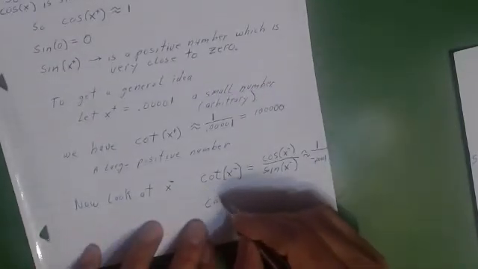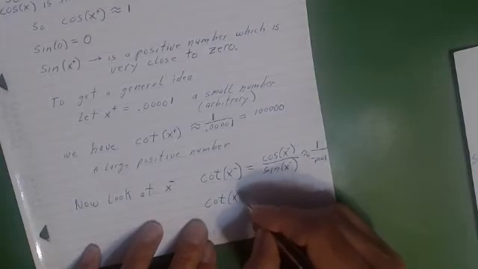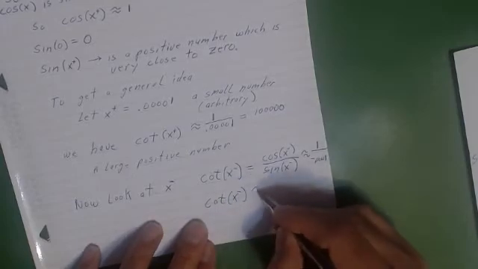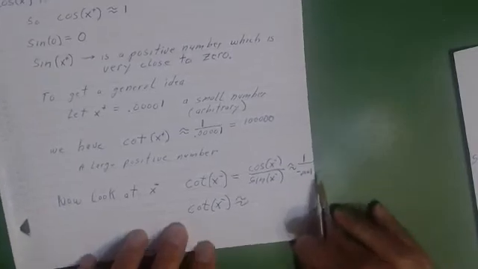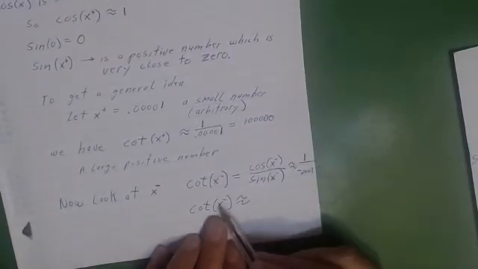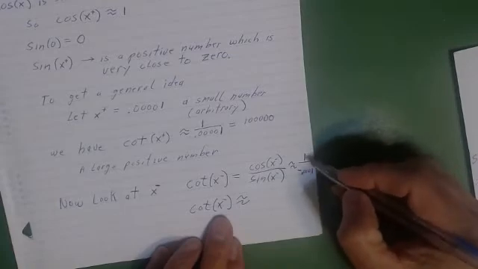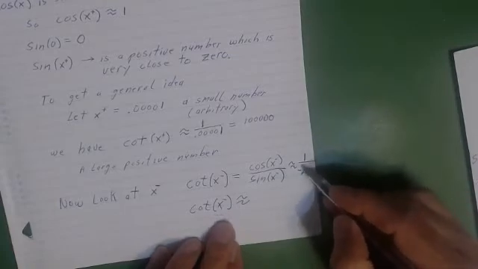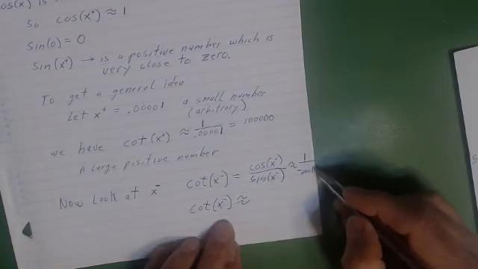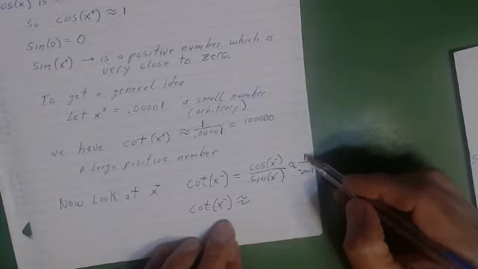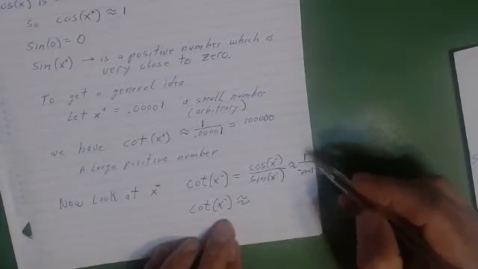Okay, so what does that make this cotangent x then? It's approximately, and so what do we have here? As we approach x from the left, we have 1 in the numerator and a very small negative number in the denominator. Okay, when you do this division, once again, you get a big number.